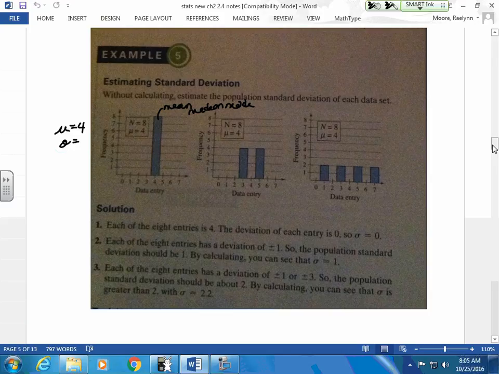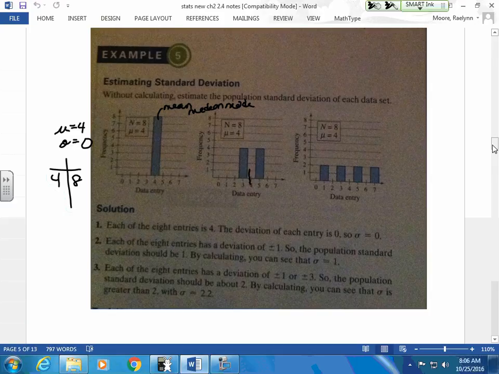There's no deviation off the mean, right? Isn't everybody right there? If I made a frequency chart, how many x values would I have? Only 1, a 4, and its frequency would be 8. Did x deviate off of my 4 at all? No. So my standard deviation would be 0.